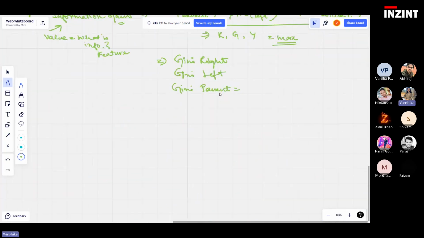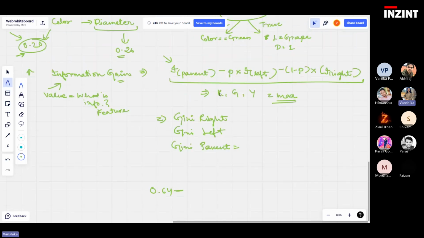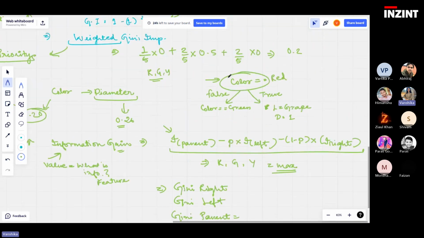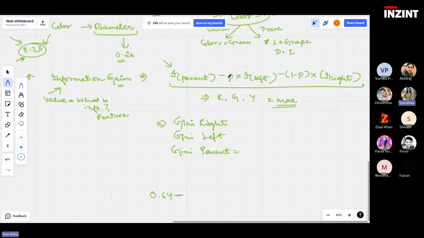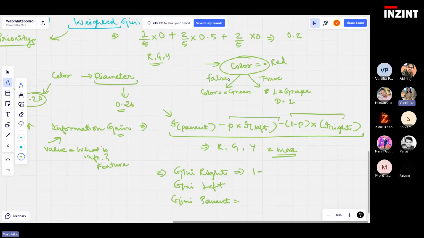So this we have got 0.64. Now here we need to subtract the Gini impurity of the left subtree and the right subtree. So let's calculate it. Gini, we are going to calculate it by 1 minus, and for the right, what would be the case?